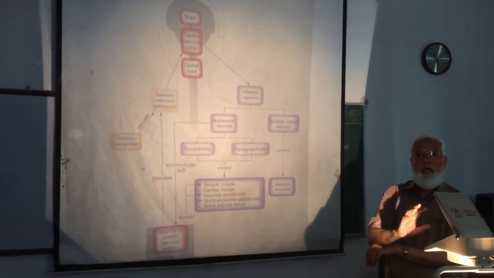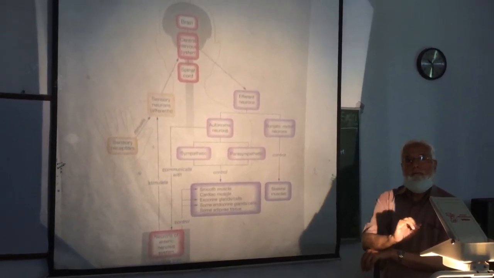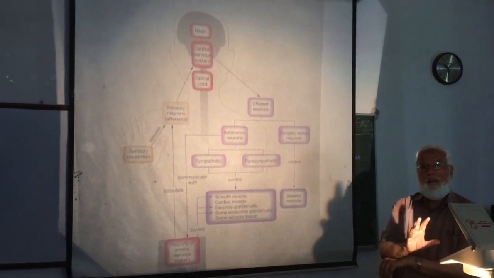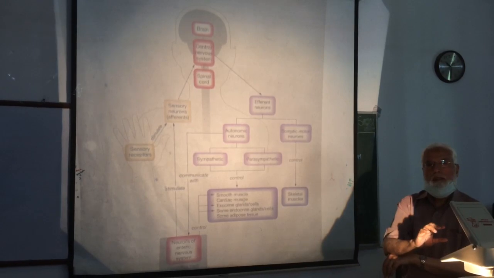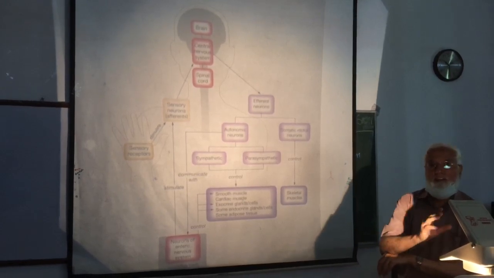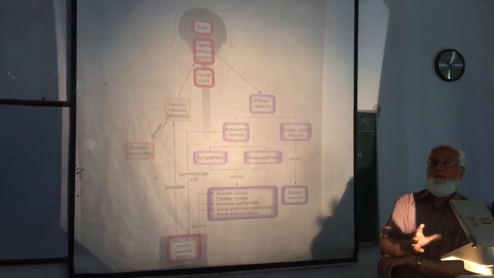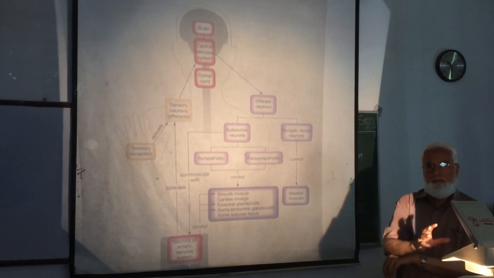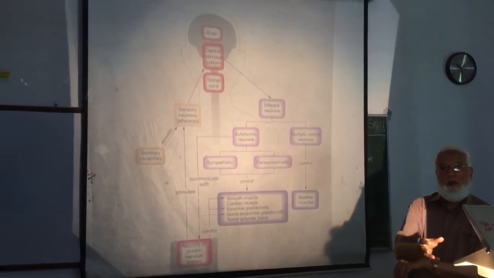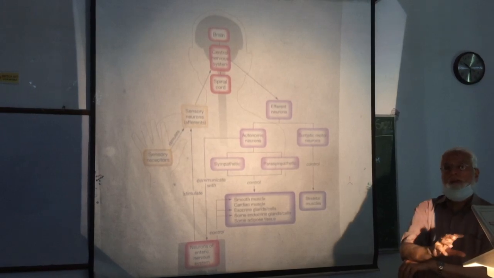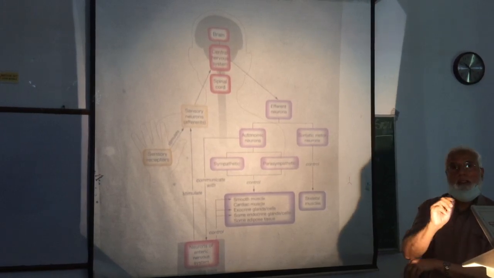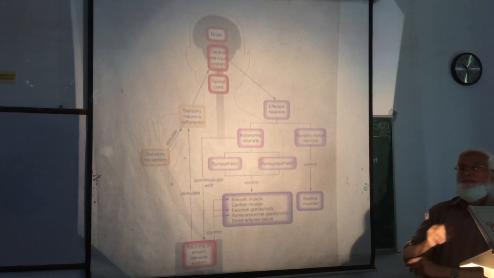Keep in mind that a nerve may contain motor nerve fibers as well as sensory nerve fibers. Similarly, a nerve can contain both types of fibers, somatic and autonomic.